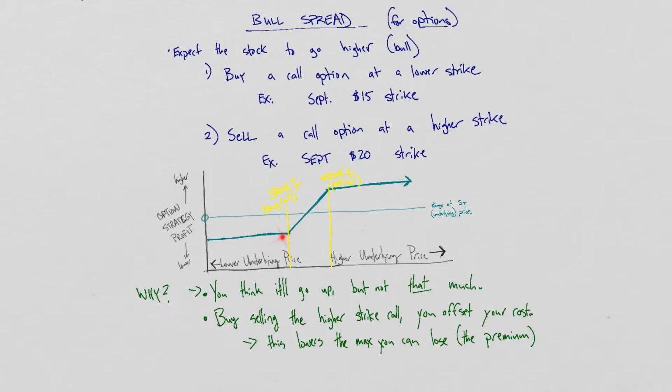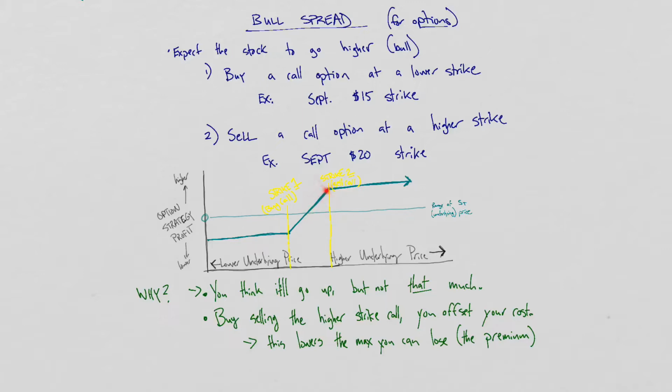If the underlying price goes below that, then the call option that you bought is worthless, but the call option that you sold expires worthless, meaning you get to keep that premium. And so if the underlying rises above the $15 strike, you continue to make money like a normal call option.